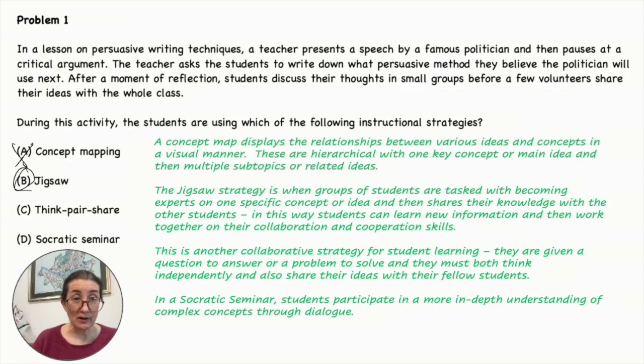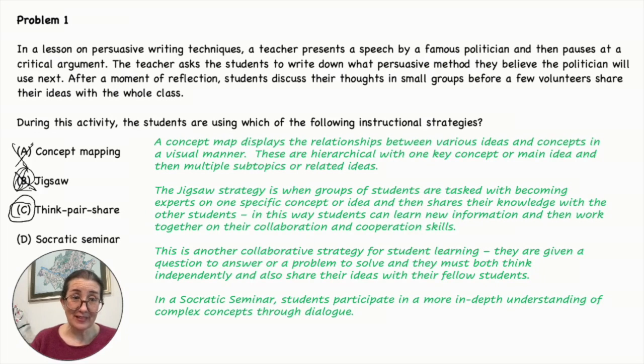Think, pair, share. This is another collaborative strategy for student learning. They are given a question to answer or a problem to solve, and they must both think independently and also share their ideas with their fellow students. I think now we can cross out jigsaw, and think, pair, share is our most likely candidate.